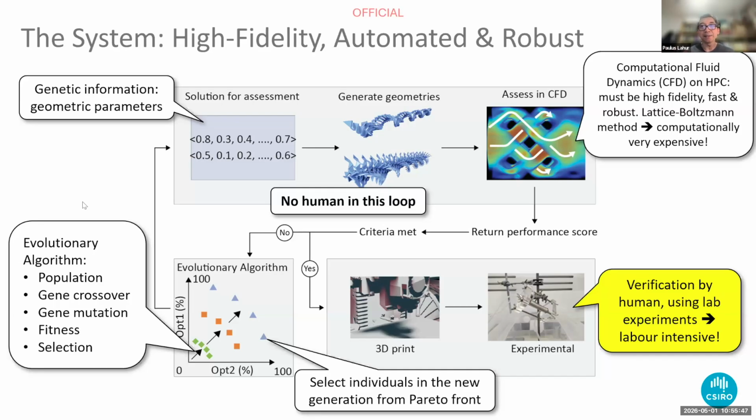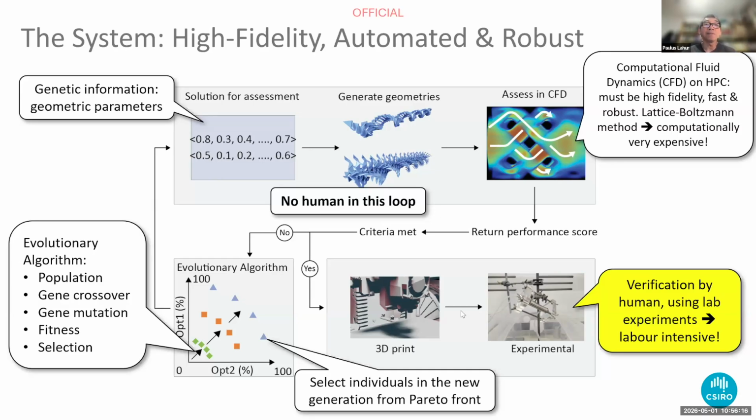And then the shapes that are proven to be good at mixing will be used as the parents to produce the next generation of mixers. So a gene crossover, just like a human getting married and that kind of thing.